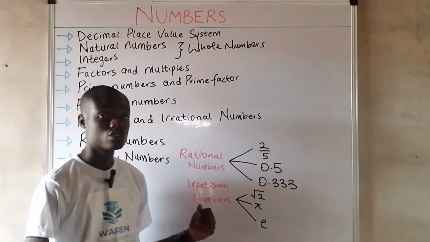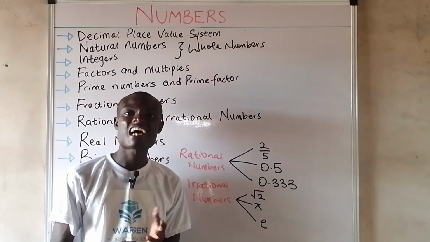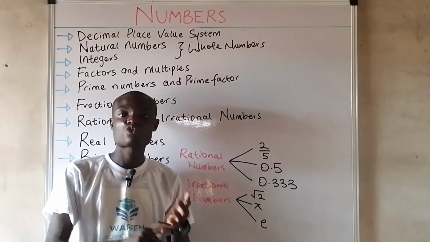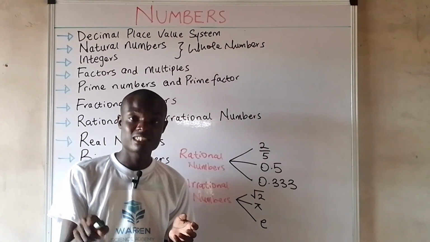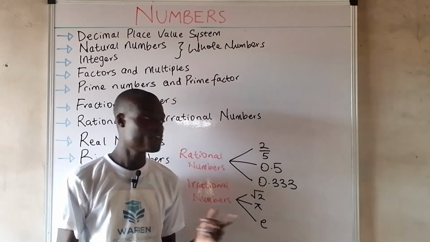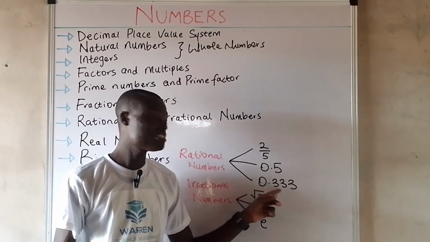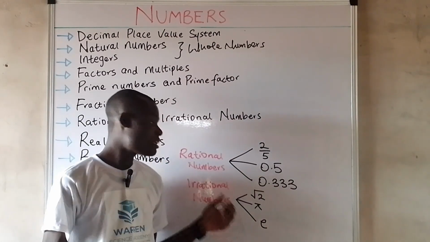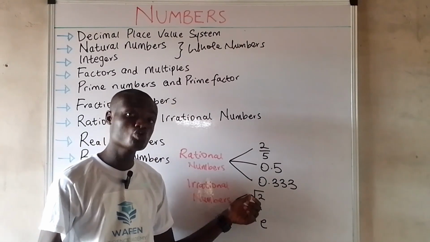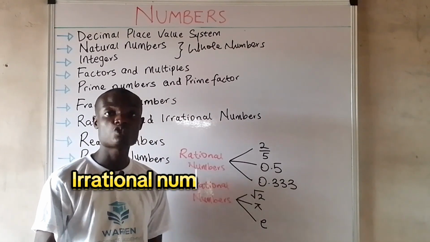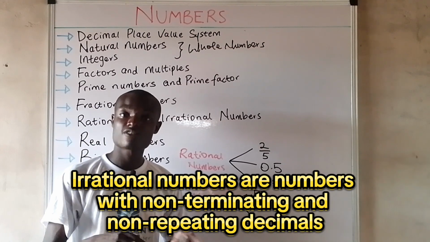Now, irrational numbers are numbers that have non-terminating and also non-repeating decimals. This means they don't have an end, and the decimals don't repeat themselves. For example, in this case, the 3 is repeating. But in the case of irrational numbers, they don't repeat themselves. For example, root 2: if you press it on your calculator, you will get about 1.414, and so on and so forth.